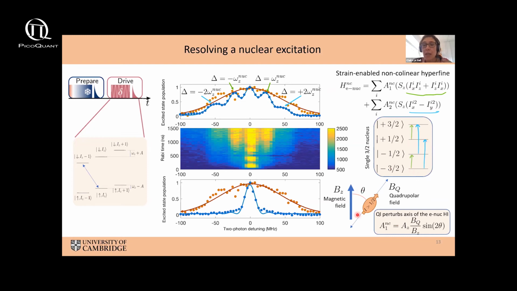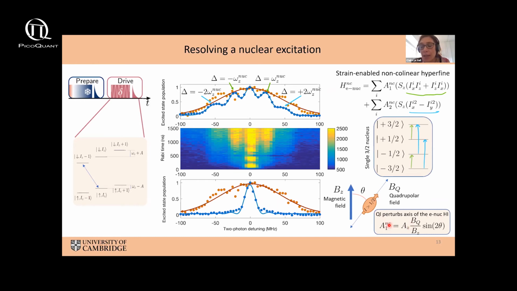And again, physically, this Hamiltonian arises because you have a real magnetic field and an effective magnetic field, the quadrupolar field, which tend to blur the quantization axis of our nuclear spin and mix the different spin states. And this quadrupolar interaction, in fine, perturbs also the axis of the electron nuclear hyperfine interaction.